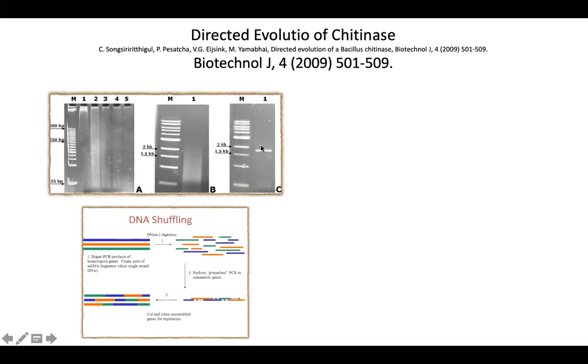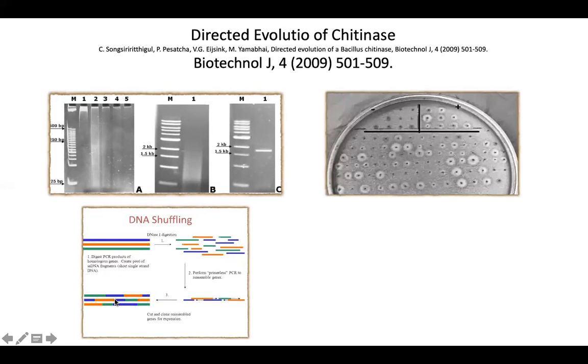This part would be equal to this part, and then you get back a library of genes of different mutations, and after that put into the E. coli and do a very similar screening, just like with the enzyme amylase that degrades starch. This enzyme chitinase will degrade chitin.